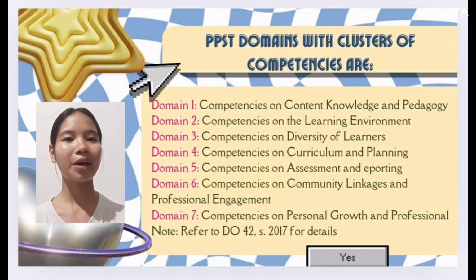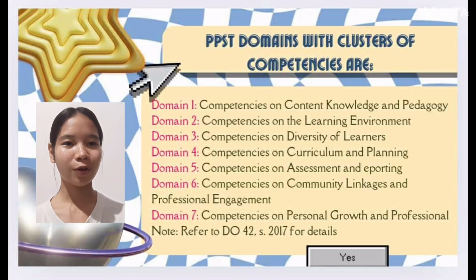Next is domain 3, competencies on diversity of learners. Here, teachers should understand that students have different abilities and needs. So, for example, the teacher gives simple tasks to struggling learners and extra activities to fast learners.